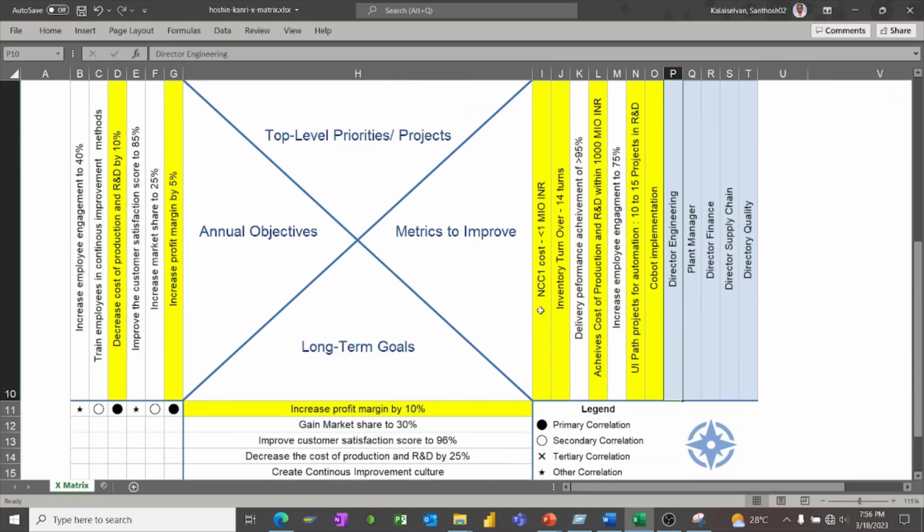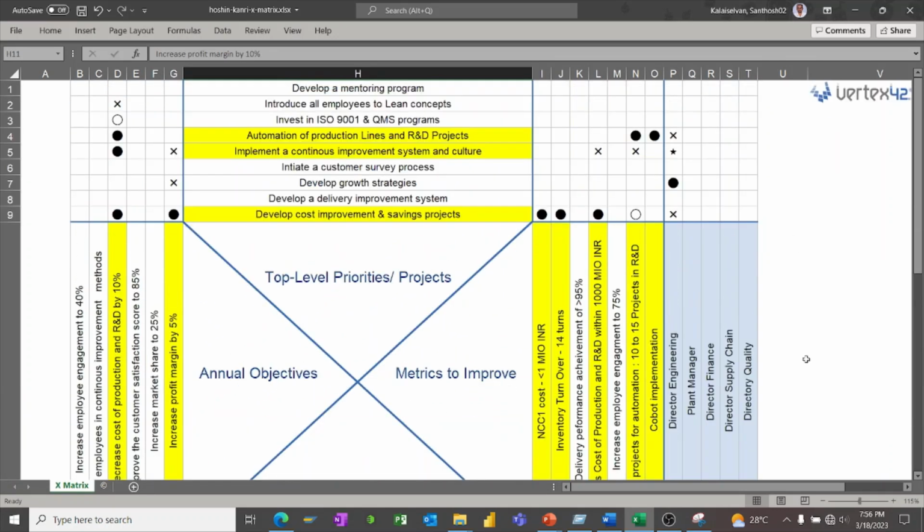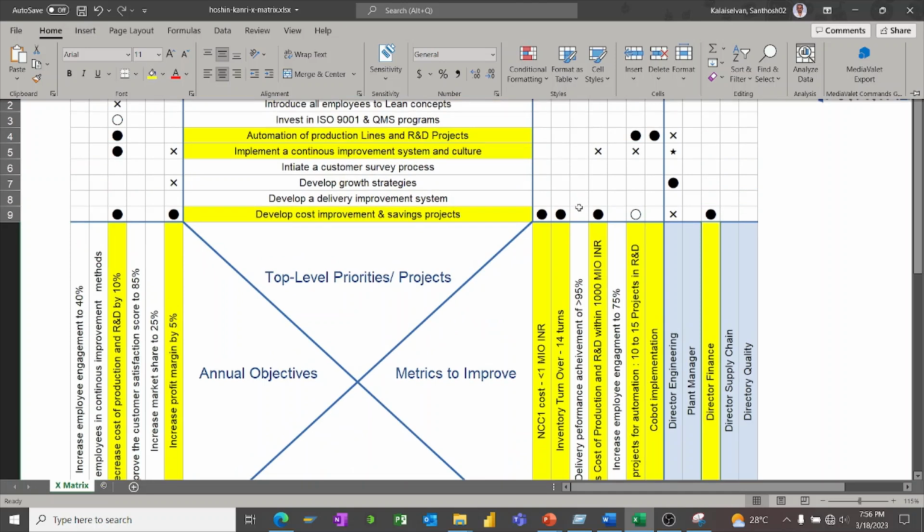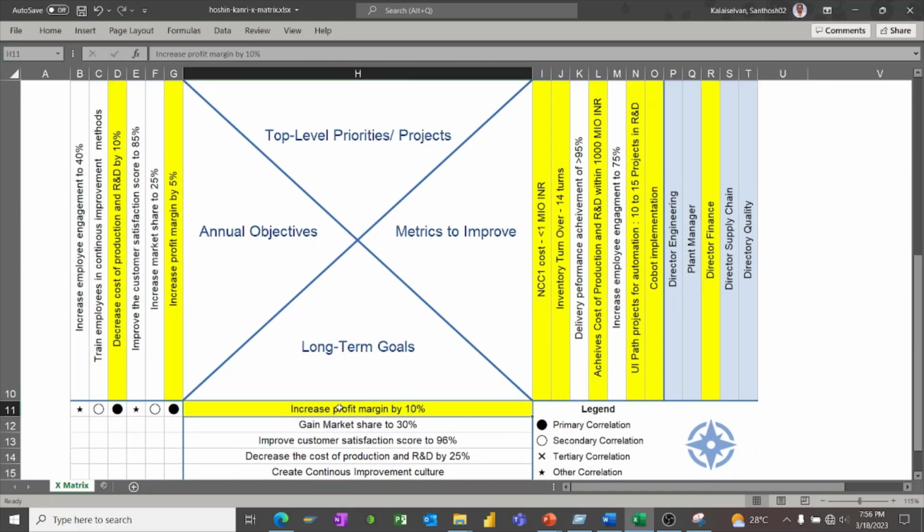We can see who can take the lead in the profit margin by 10% here. I understand that the director of finance can take the lead here for developing cost improvement and saving projects. He is primarily correlated for this. So these are the things. The director of finance can take the lead for this profit margin by 10%, so he is responsible for achieving the long-term goal of 10%.